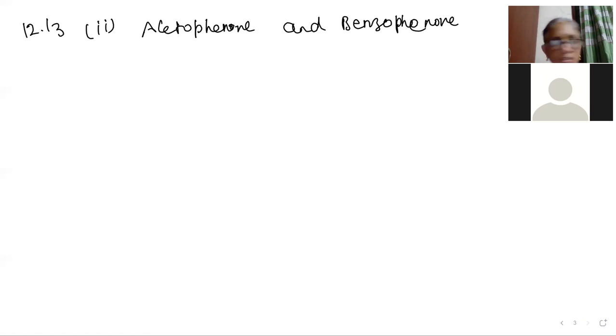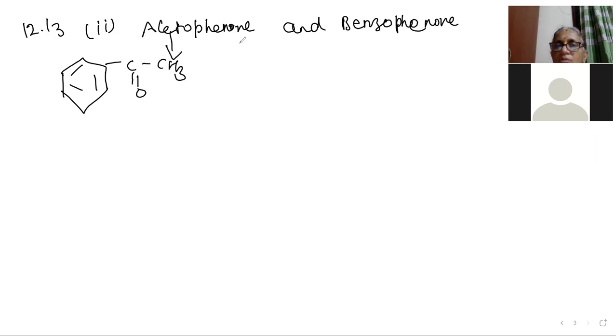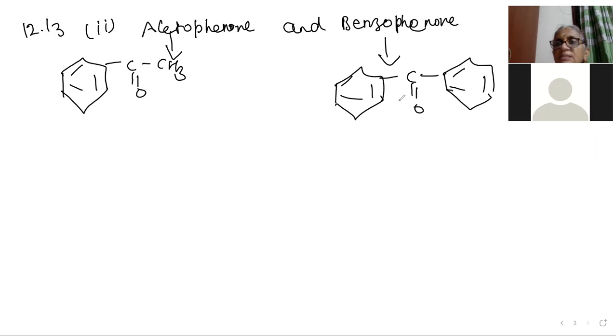C6H5 COCH3, isn't it? Okay. C6H5 COCH3. This is acetophenone. What is benzophenone? C6H5 CO C6H5. Both sides you have a benzene ring.